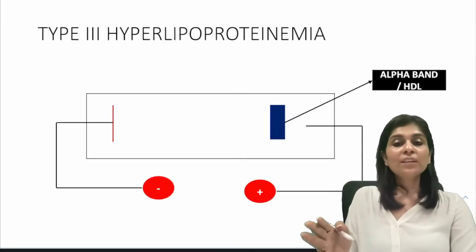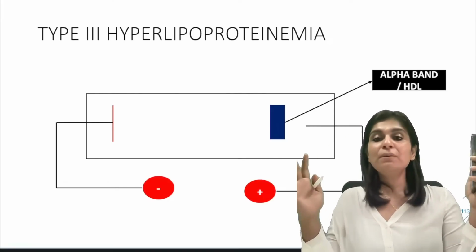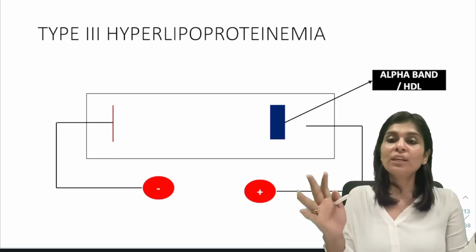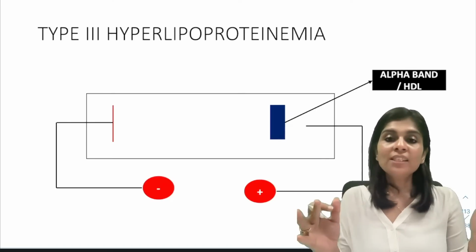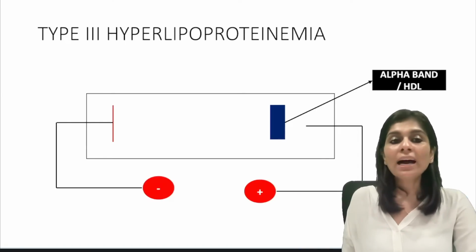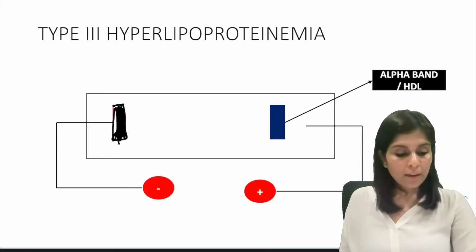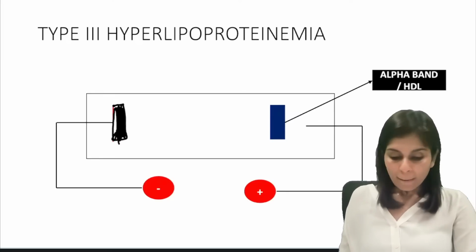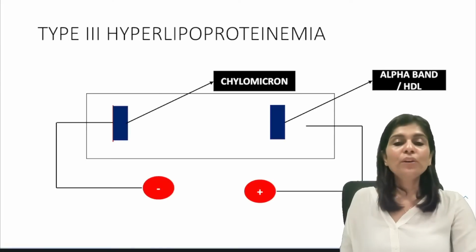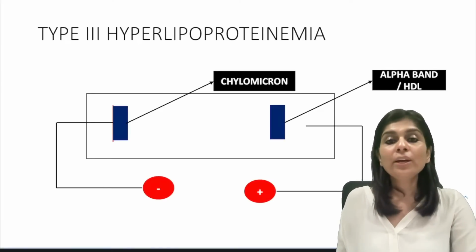In quite contrast, the largest lipoprotein is chylomicron, and because its size is the largest, it cannot move at all and is present at the point of application. So if you see a band at the point of application, that is the chylomicron band.